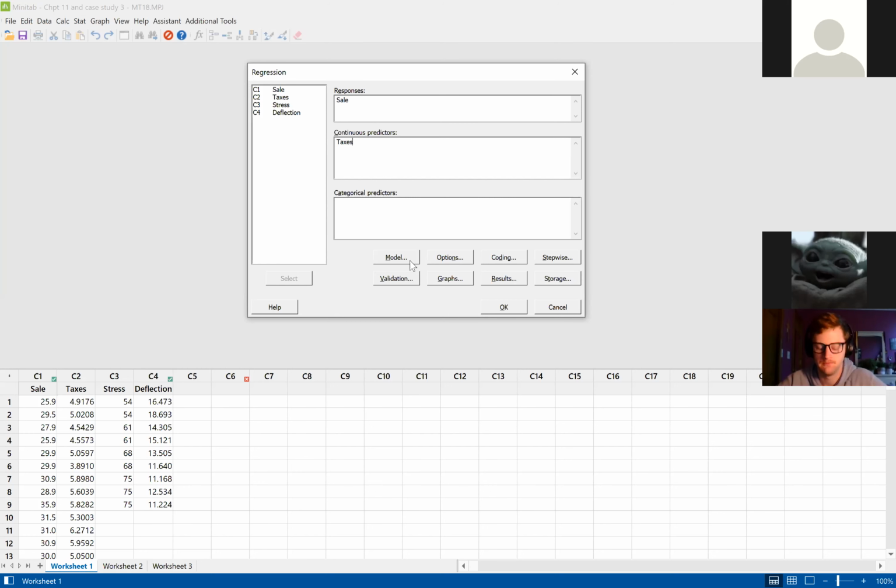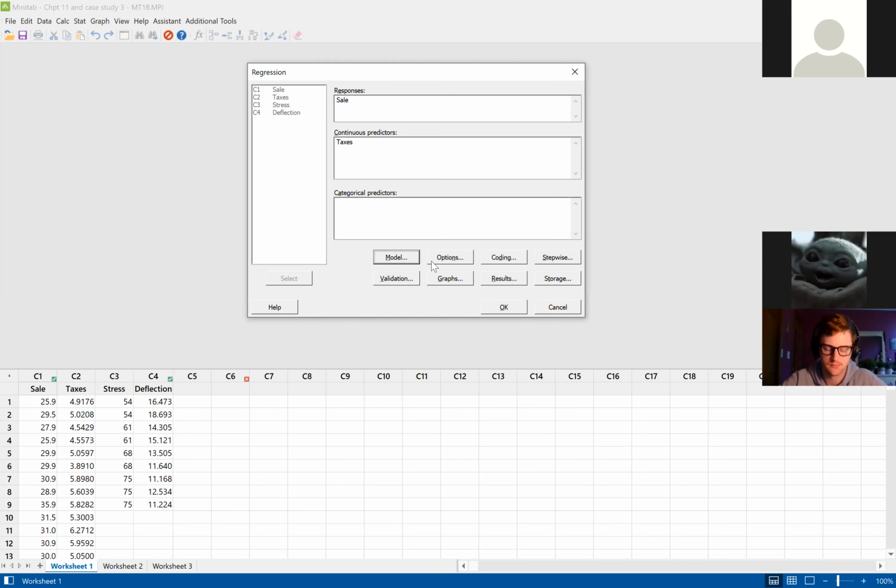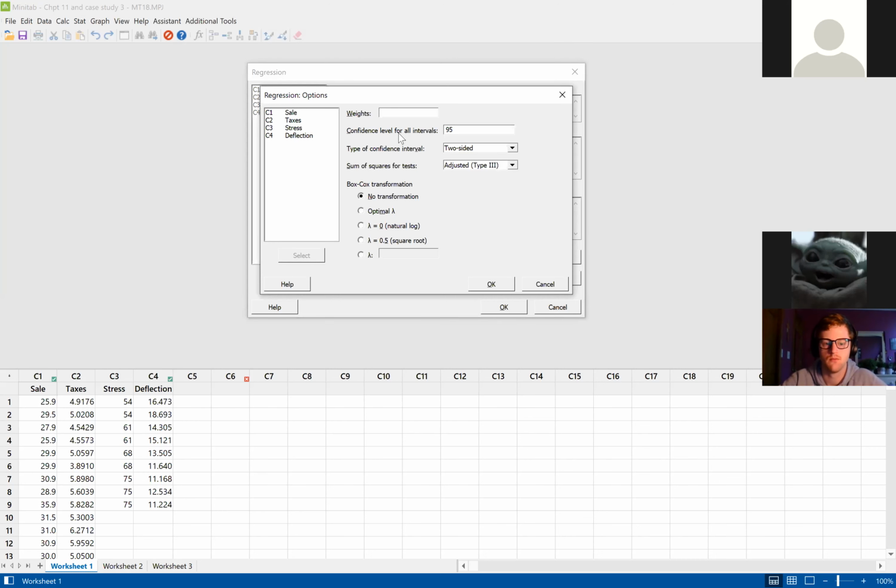Now, we're going to click through a few of these. When we look through our model, there's nothing really that we need to change with the model itself. In options, we're not going to do any sort of weights or transformations. It's always going to be two-sided. This adjusted type 3 sum of squares test, that is the standard, and that doesn't need to be changed either.